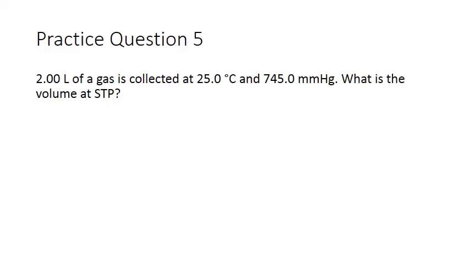All right, question 5. You're given 2 liters of a gas. Liters is volume, so let's write that out right now. It's collected at 25 degrees Celsius, so there's our temperature, and 745 millimeters of mercury. There's your pressure.